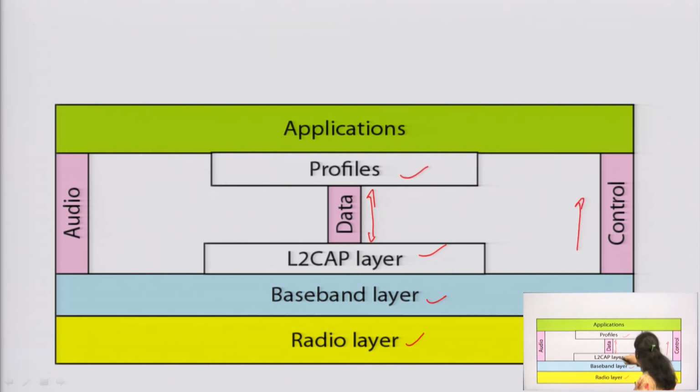Then this is the control bit, this is again the audio connection which has been set up between the baseband layer and the application. So, why do we consider this application? Application means this Bluetooth device can be used to connect one device, and it can also be used to connect another device. So, that is the case for Bluetooth connectivity. You can see over here how this is going to work over different layers.